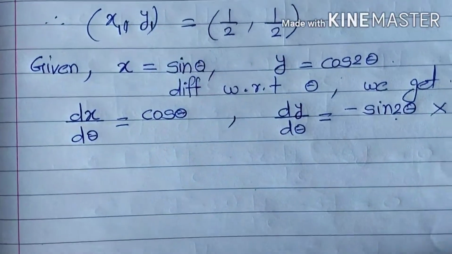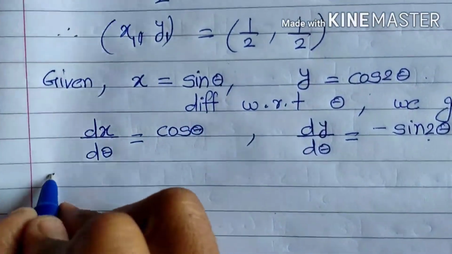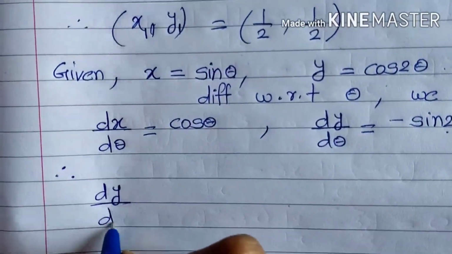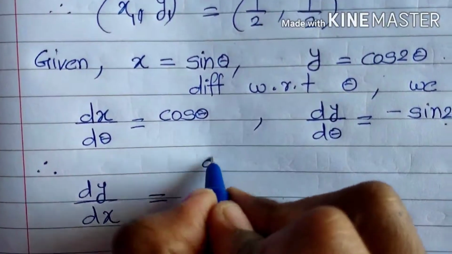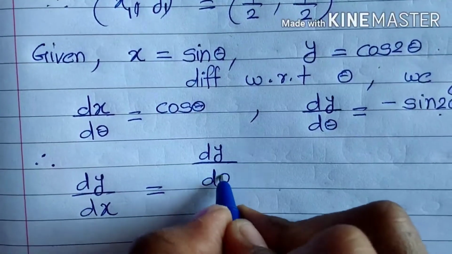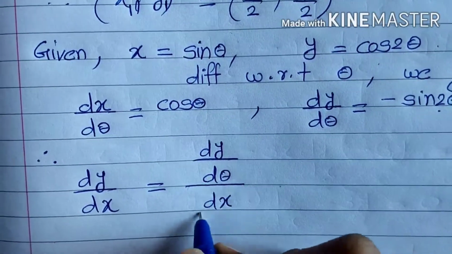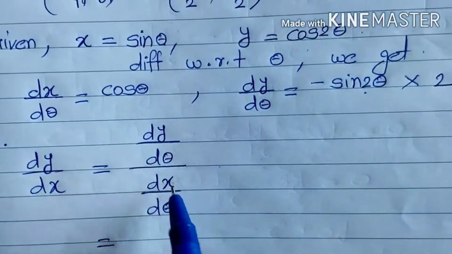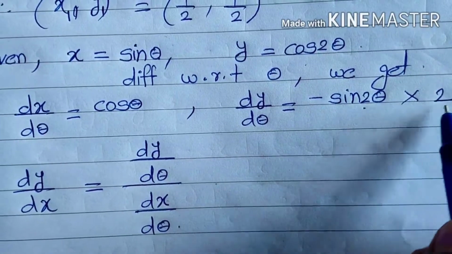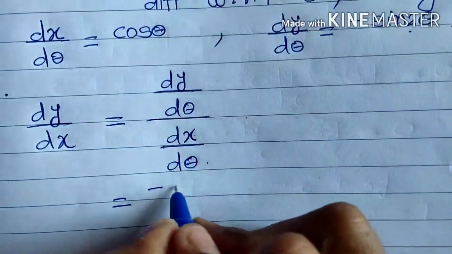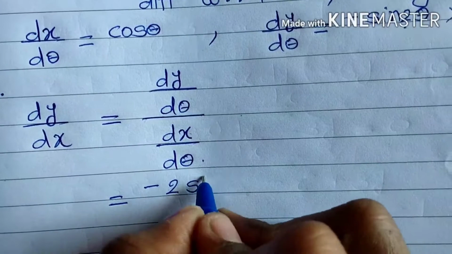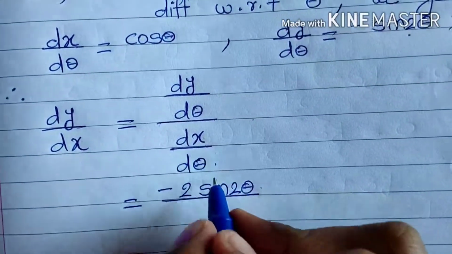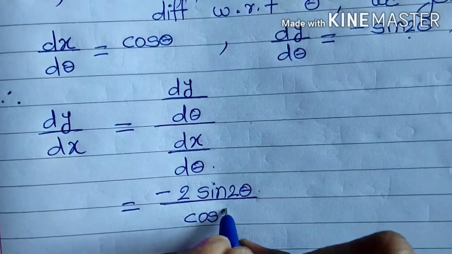Now we know the formula for a parametric function, so dy upon dx is equal to dy upon d theta upon dx upon d theta. Now put the values. So dy upon d theta is minus sin 2 theta into 2. So I am writing here minus 2 sin 2 theta, and here dx upon d theta is cos theta.